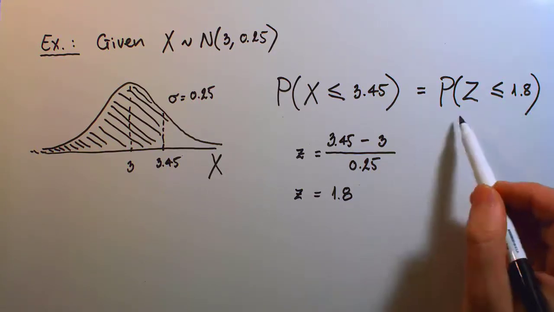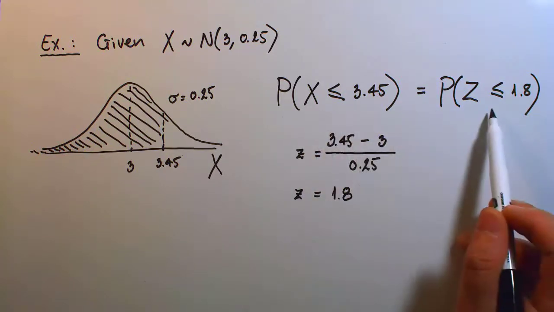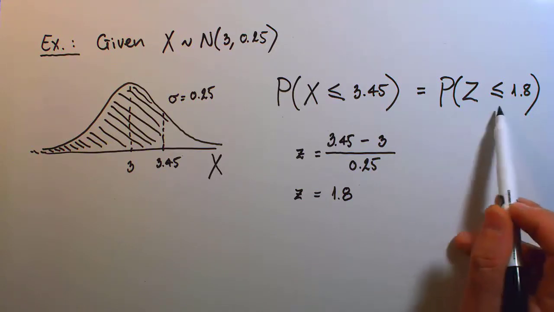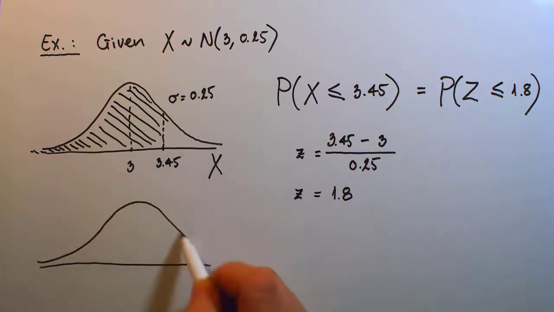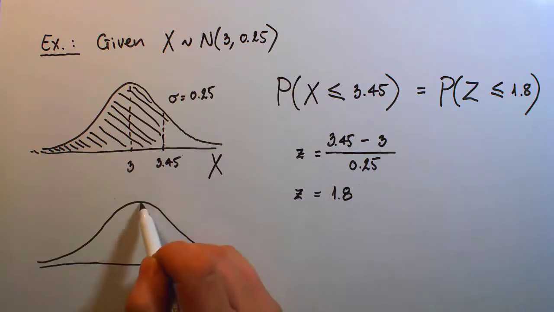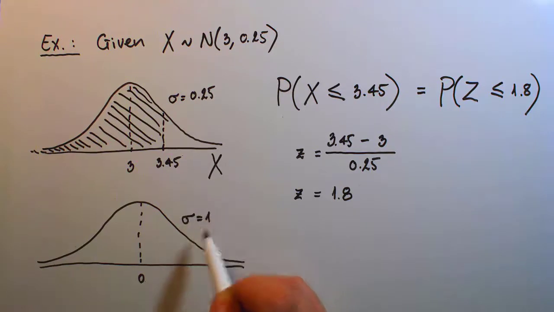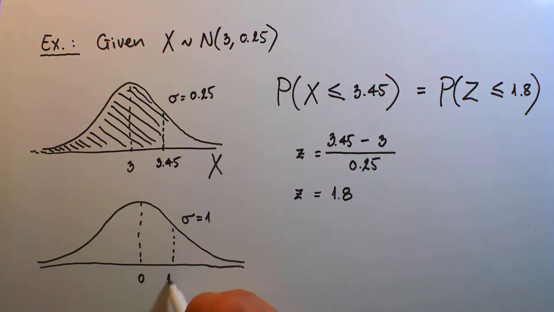And once we clearly realize that this problem is the same as the equivalent version on the standard normal distribution curve, where we're looking at z less than or equal to 1.8, then we can once again imagine a bell curve with center at 0 and standard deviation 1, and on this bell curve we're finding the area shaded to the left of 1.8.